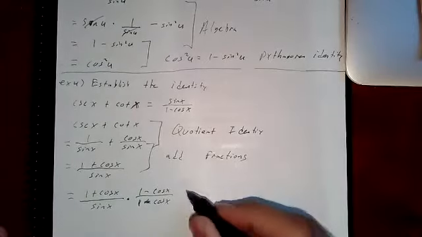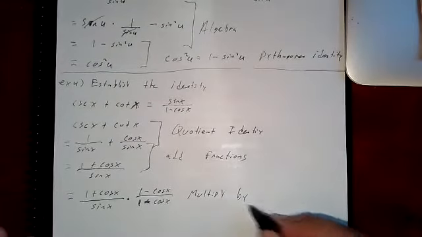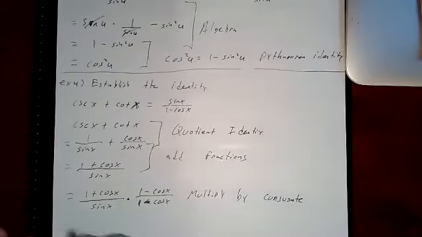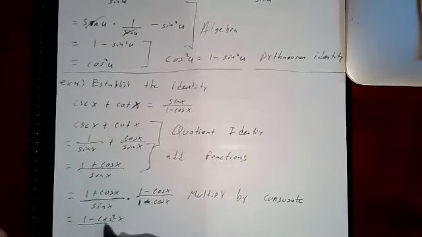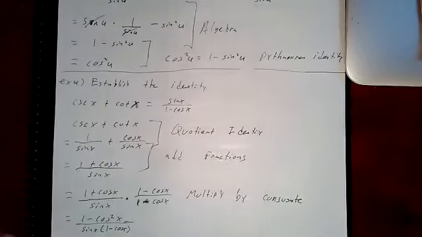So multiply by conjugate. That will give us 1 minus cosine squared x over sine x times 1 minus cosine, right?